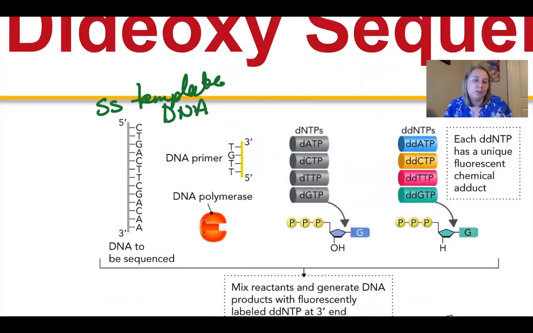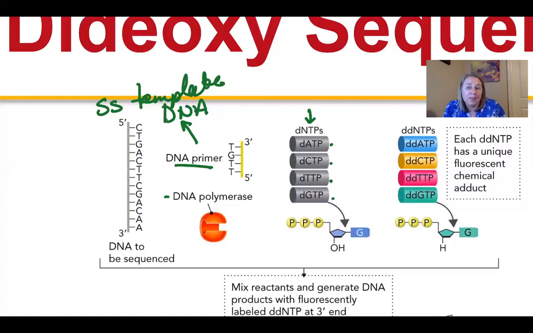And if you have double-stranded, you know that you can melt it by increasing the temperature, and you'll separate them. So you need a template, and you need a primer specific to that template. You need a DNA polymerase. You need your normal dNTPs, so this is what you would normally find in the cell. And you're going to have all of them: ATP, CTP, TTP, and GTP.